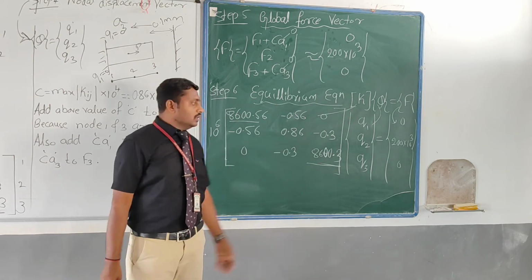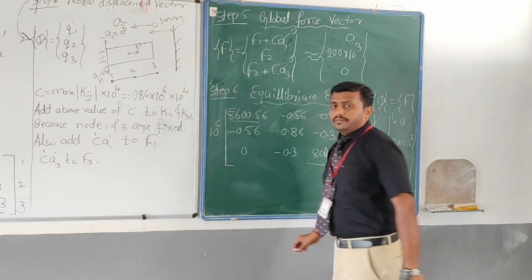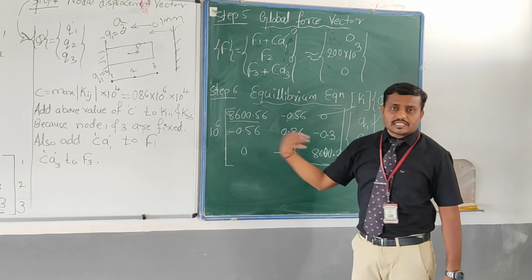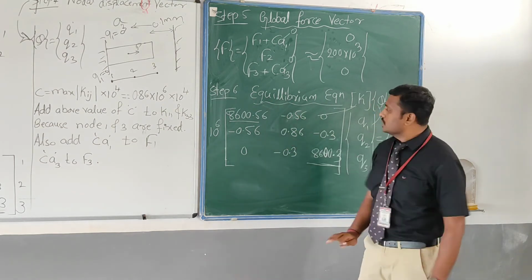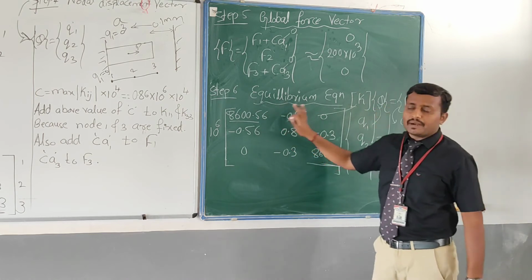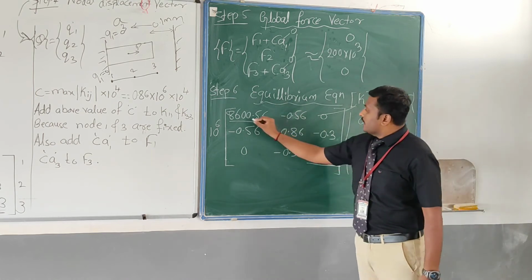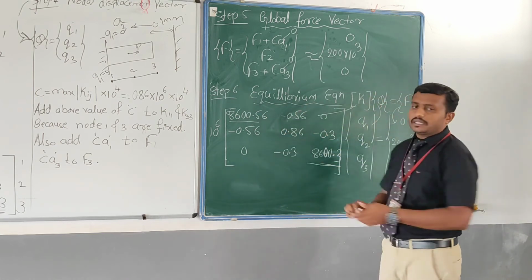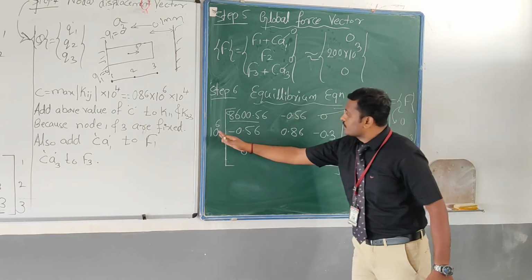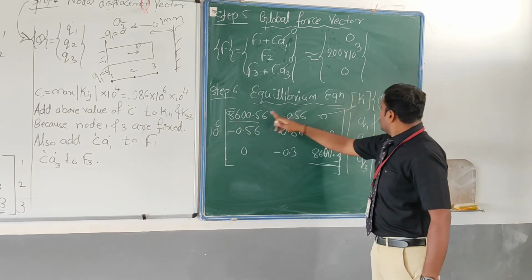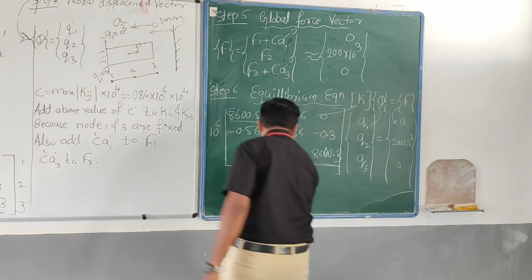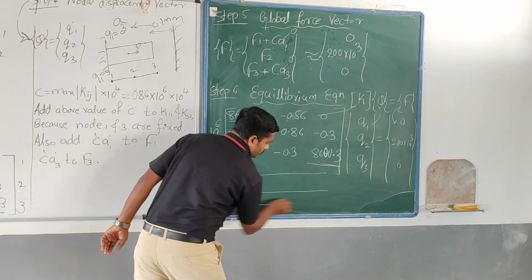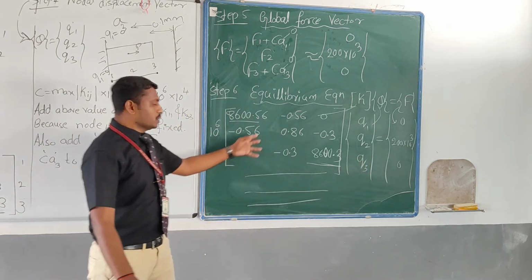What is the next step? Earlier, in the elimination approach, we used to eliminate a particular number of rows and columns. Here, we are not going to do that because we are solving it by the penalty approach. So, write down this matrix in the form of equations, 10 to the power of 6 into this one into this, like this. You write down 3 equations. Solve those 3 equations.